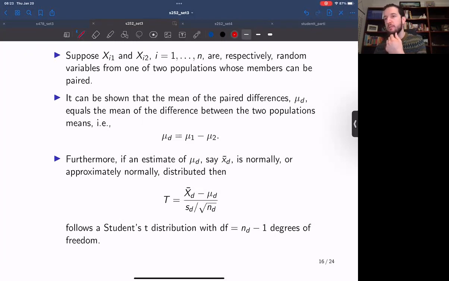All right, and this is effectively identical to a one sample t-test or a one sample student t random variable, and its df is nd minus 1. So just the number of differences minus 1.